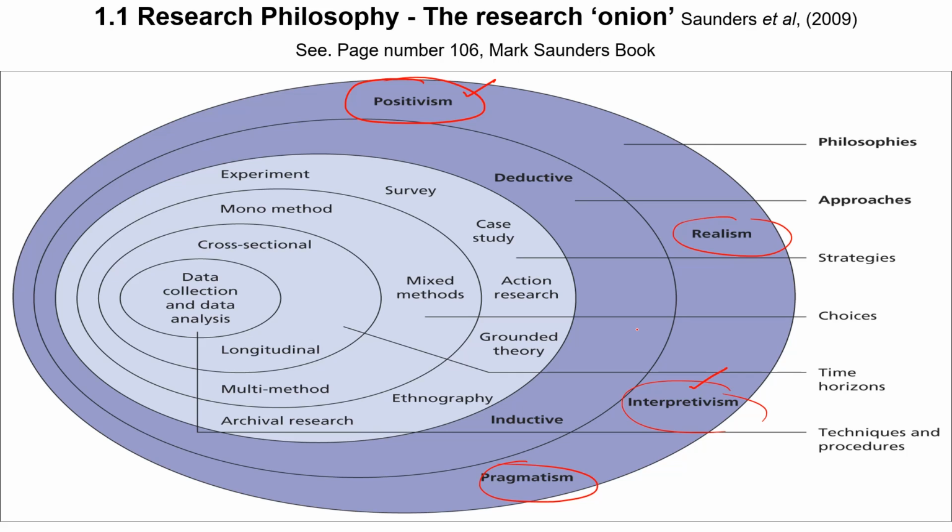Here, opposite to positivism, where in case of positivism society shapes the individual, in case of interpretivism the individual shapes the society. Human experience and social context is important in case of interpretivism.